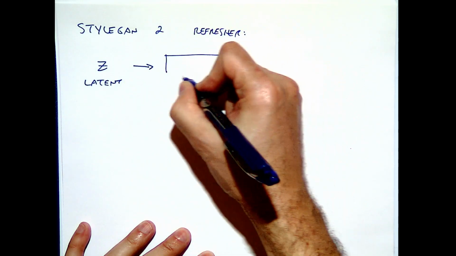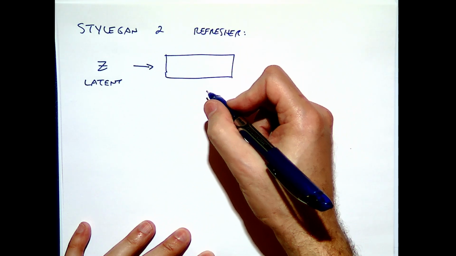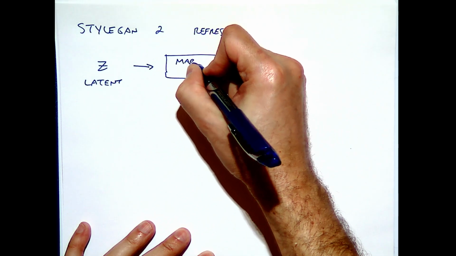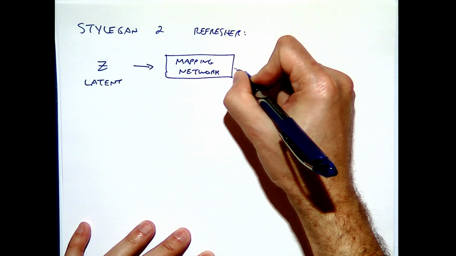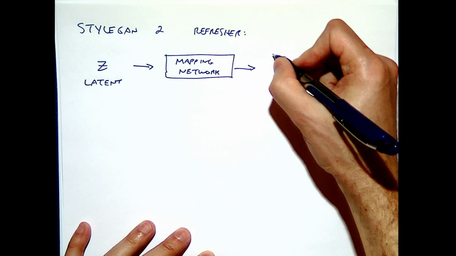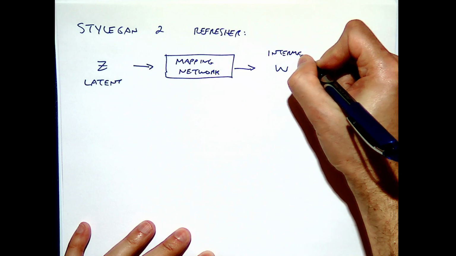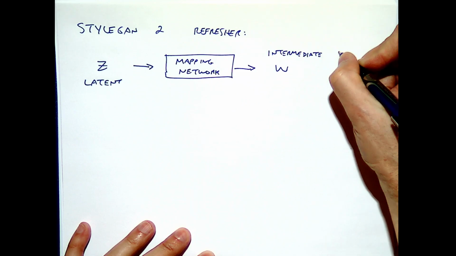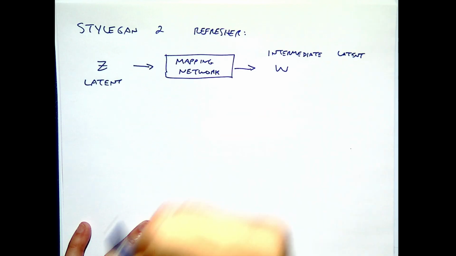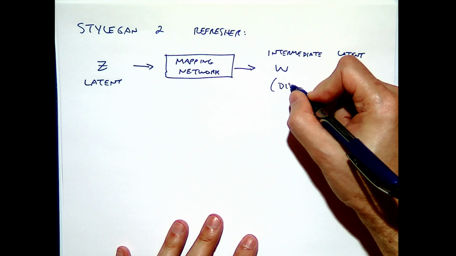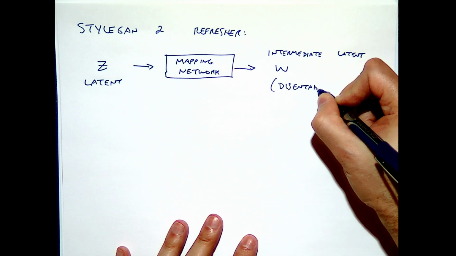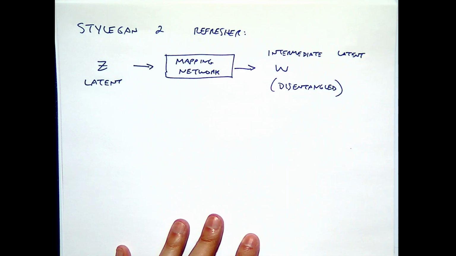We put that through a separate network to produce another intermediate latent, W, and the hope was that this space was meant to be more disentangled than the raw latent space, right?